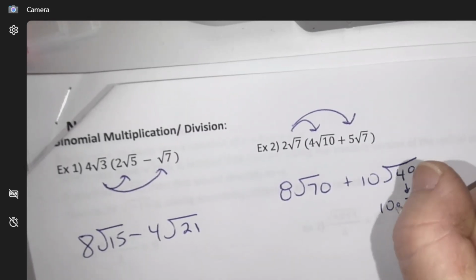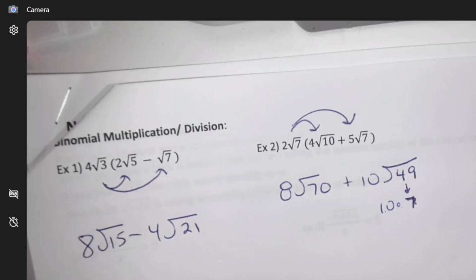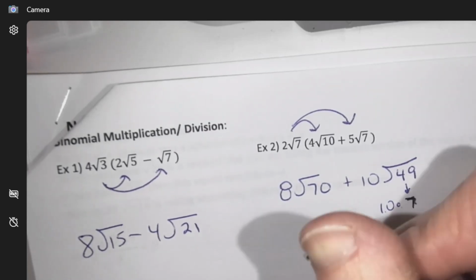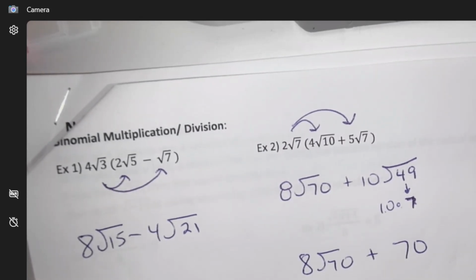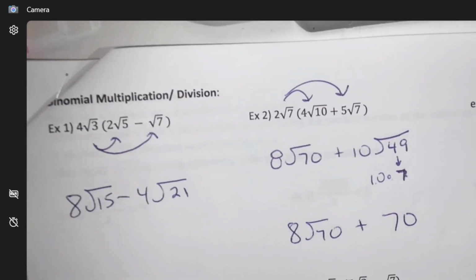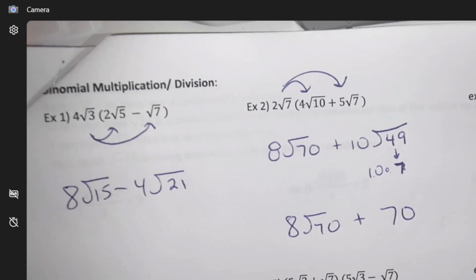I can connect the 7 to the 10 now because they're both whole numbers, right? This could be tricky for people because they see a root 70 and a 70, but those have no connections with each other. Right? You can't combine them. That's not the same thing.